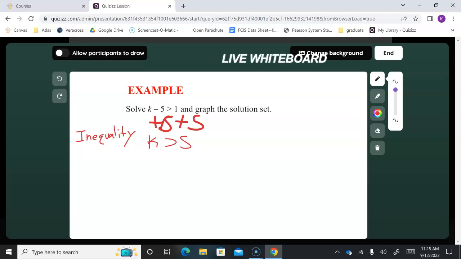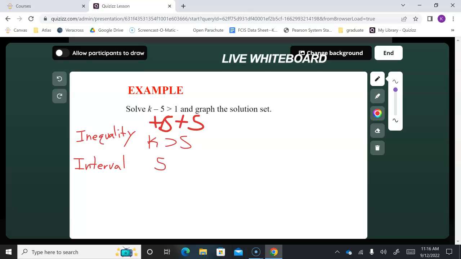Okay? The interval is going to tell me what is my range of numbers. So what's the smallest possible number that could be in my solution set? 5. Okay? But I have to indicate that it's all numbers up to 5, not including 5.